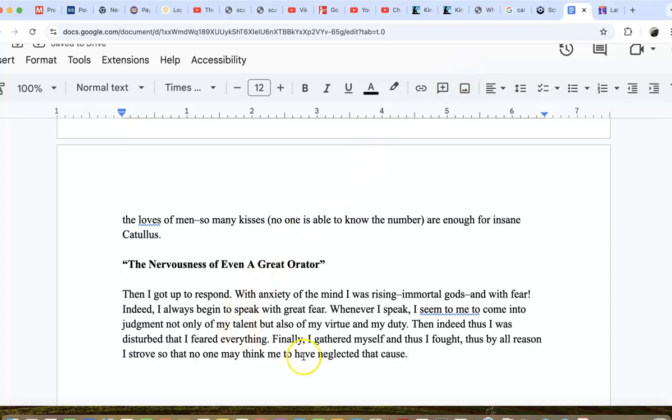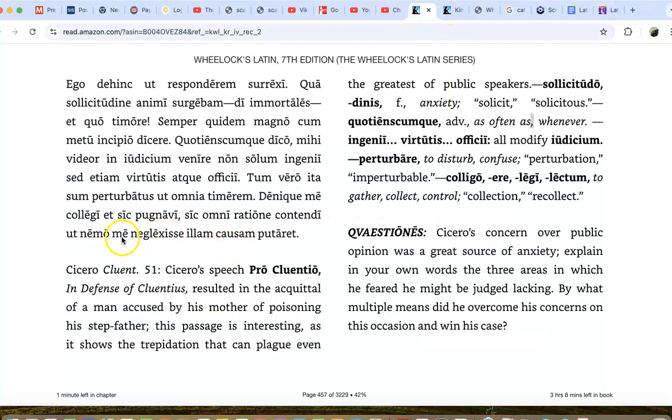English might say, so that no one may think that I have neglected. So in English, if we put a that in there, then we can change the me to an I, but I'm going to keep it somewhat literal since we have may here. Translating Cicero can be tricky at times, but hopefully the main idea is clear.